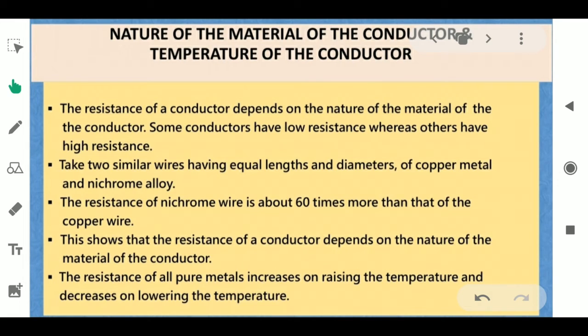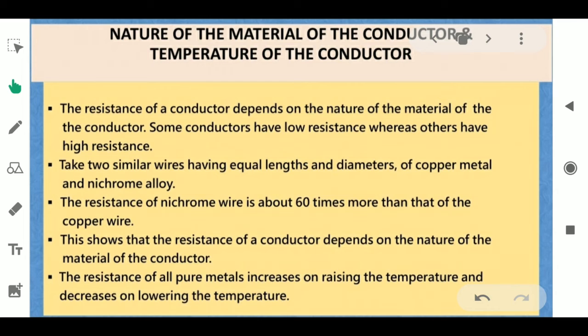But the resistance of alloys like manganin, constantan and nichrome is almost unaffected by the temperature. That is the case of alloys. But in the case of pure metals, the resistance increases on raising the temperature and decreases on lowering the temperature. Clear? These are the important factors regarding the resistance of a conductor.